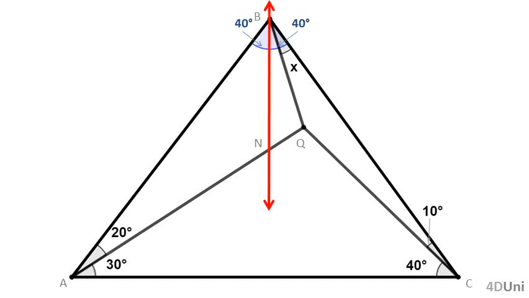Remember that we already know that the measure of angle ABC is 80 degrees. Then, due to the symmetry, we have two 40-degree angles at vertex B. To take advantage of the symmetry, we can also draw the straight line segment NC.